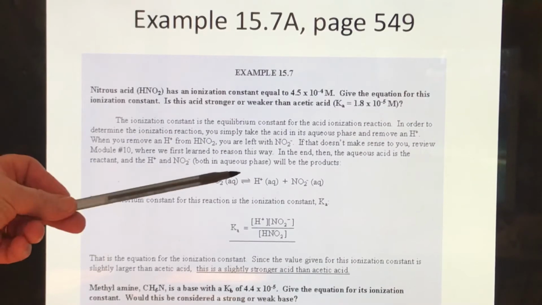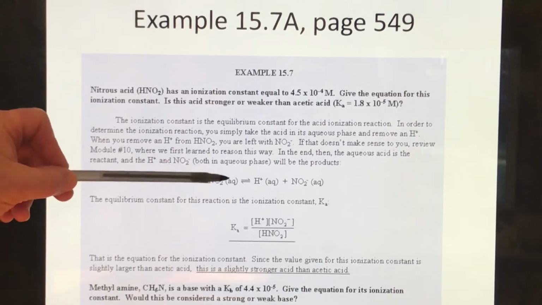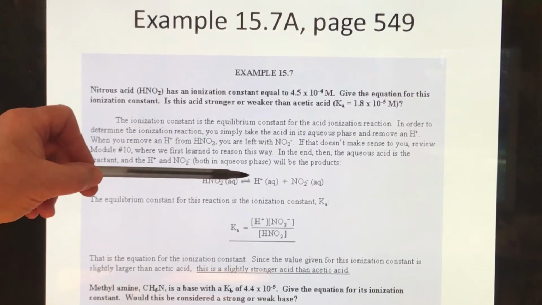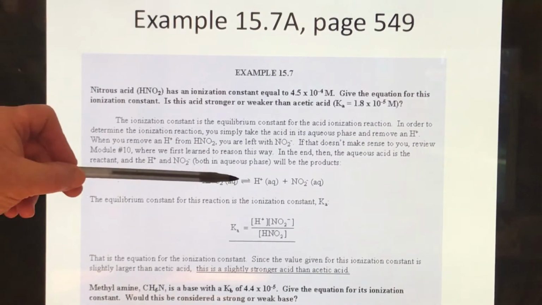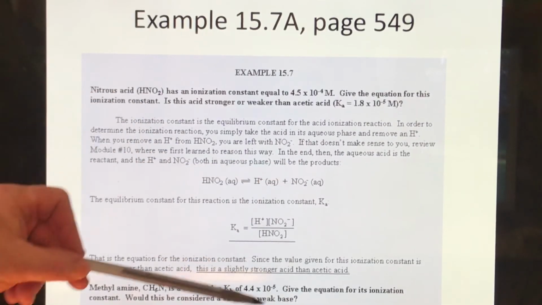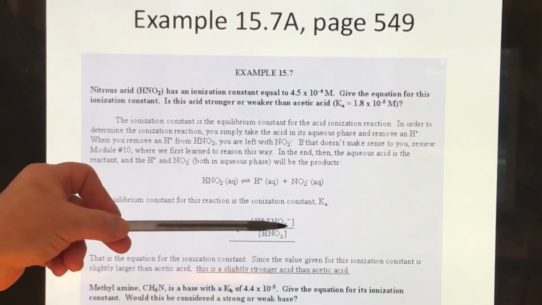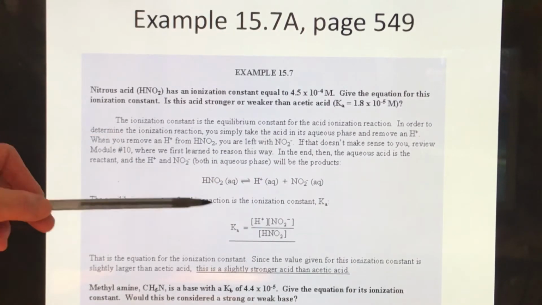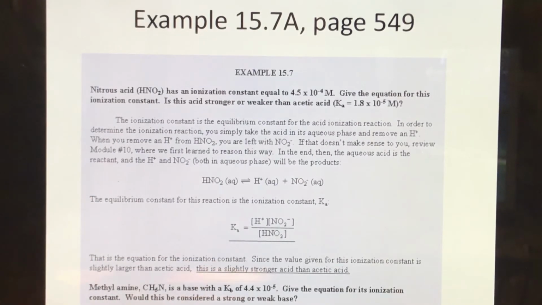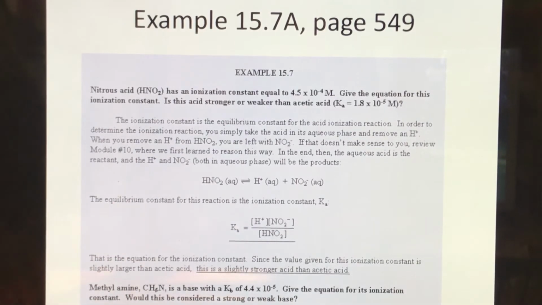So here we have the formula, right? We're given HNO2, and then we know that the hydrogen would have to dissociate in order for this ionization reaction to occur, and then would form this other ion here, this negative ion. So these are our two products that are then put in the numerator, and then the reactant is in the denominator, since it's K of A because it's for an acid, and this is sufficient for the answer for this question.